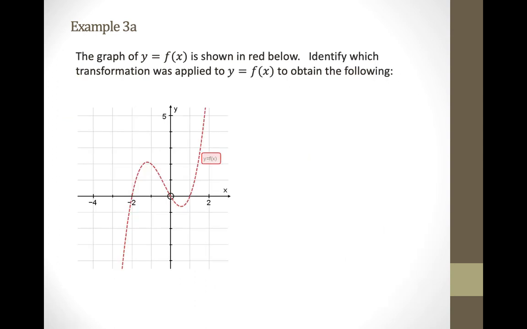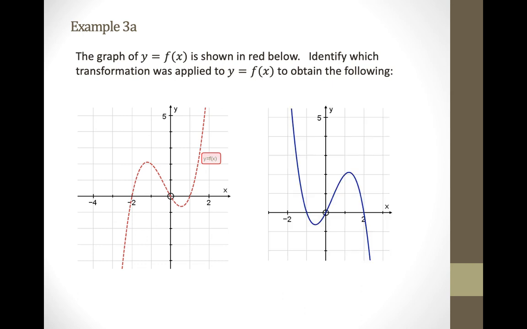Question 3. A. The graph of y equals f of x is shown in red. Identify which transformation was applied to obtain the following. Right, so what have I done to produce this graph? Try and anticipate. What's happened here? What can you see?